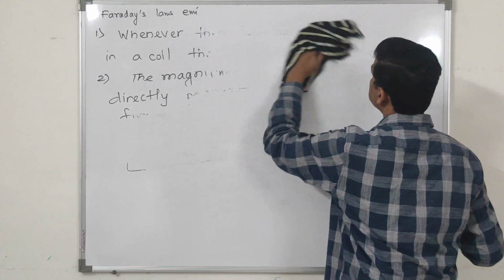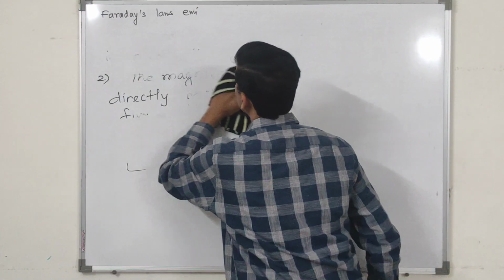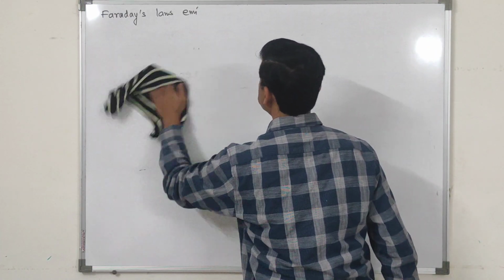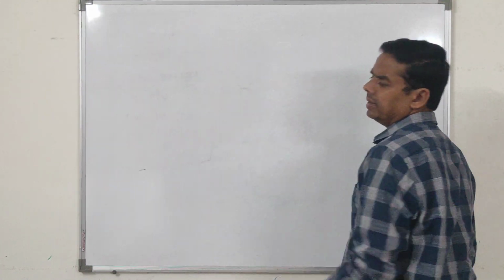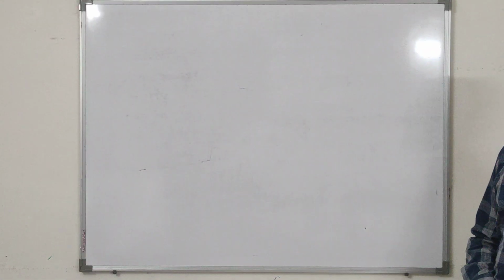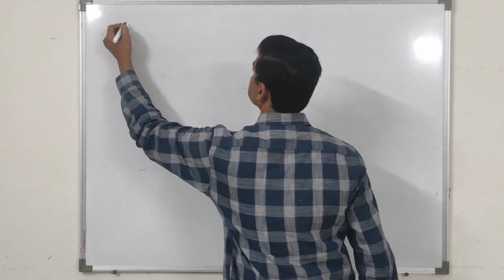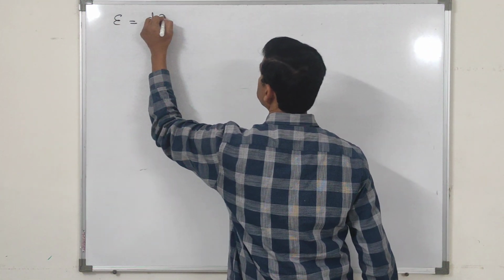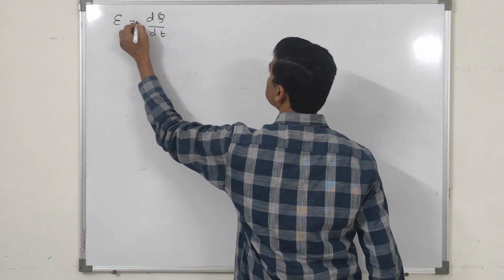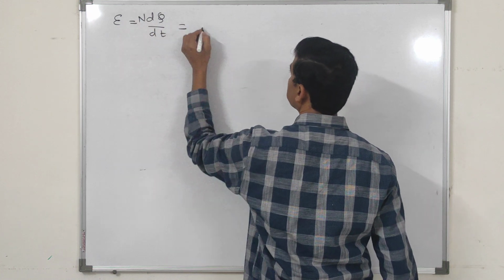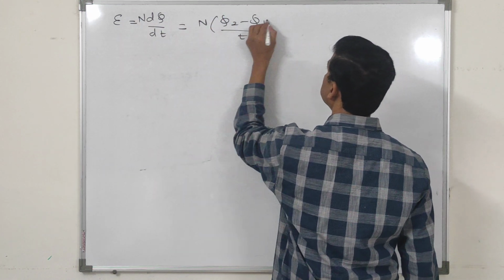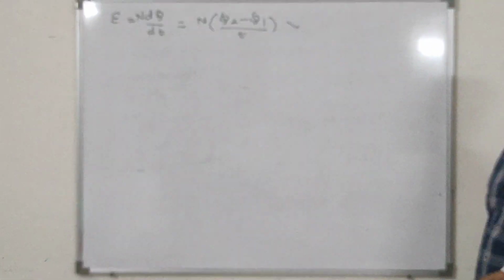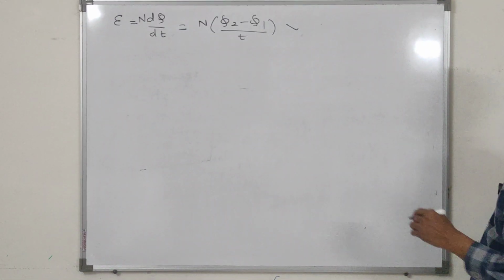So according to Faraday's law, the induced EMF epsilon is equal to d phi by dt. For one turn; if there are n turns, then we multiply it by n. So finally we have phi 2 minus phi 1 upon t. This is the general formula for Faraday's law of electromagnetic induction.